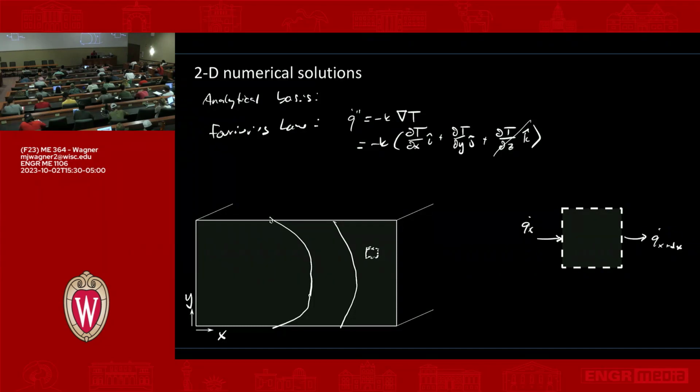This width here is dx. But because we have this gradient in y as well, we also potentially have heat flow in y. So let's draw it like this. This is q dot y. This is q dot at y plus dy. This distance here is dy. So a differential element has differential thickness in x and in y.